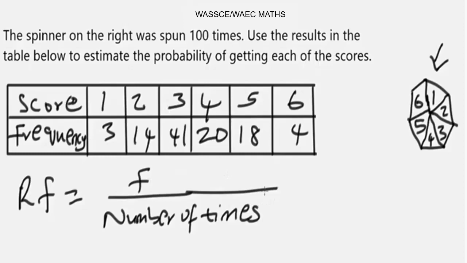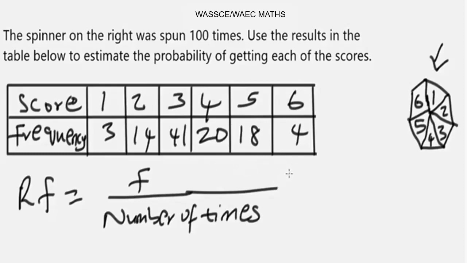So let's do it. We will divide each of the frequencies by 100 to find the relative frequencies. Let's begin with when the score is 1.